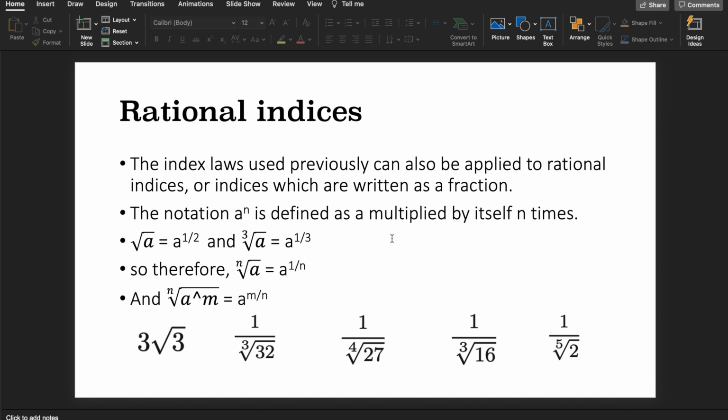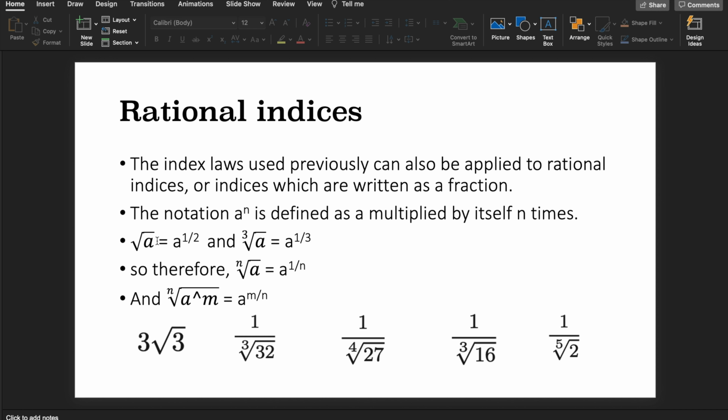And so the index laws that we used previously can be applied to this new one, and it can be written as fractions. So the notation a to the power of n, as we already know, is defined as a multiplied by itself n times.